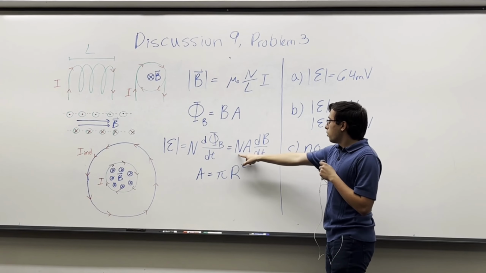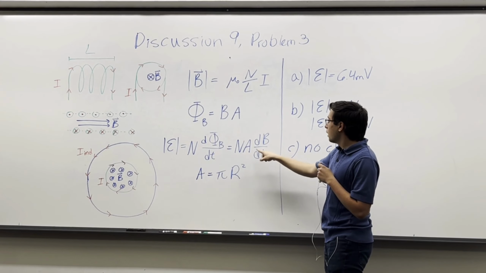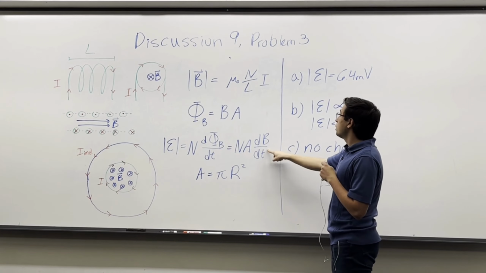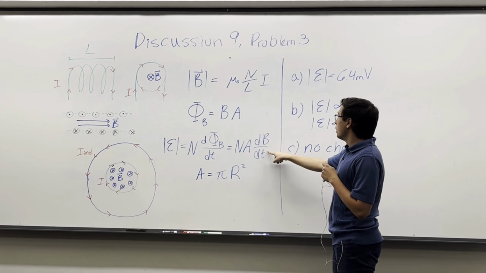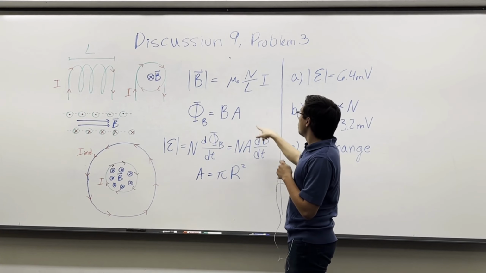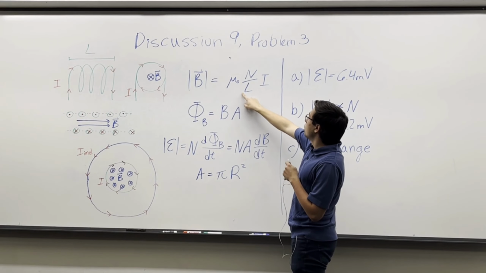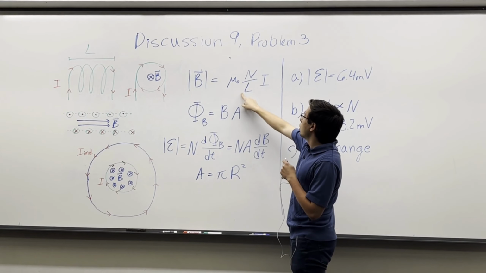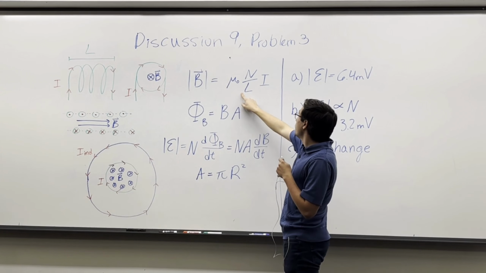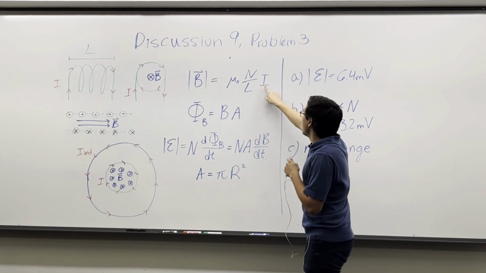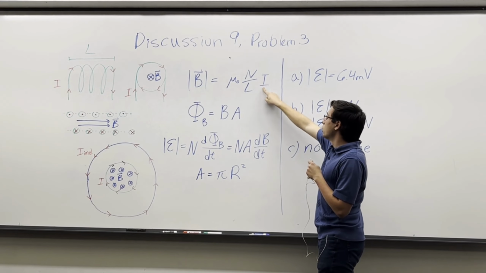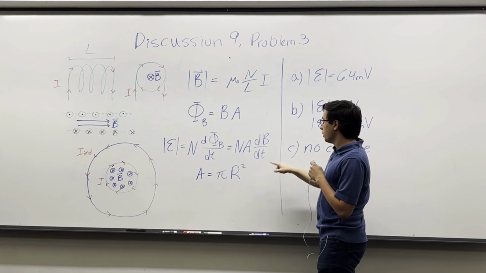And with that, we have our number of coils times our area times the change in time of our B field, which, looking at this expression, mu naught n over L do not change in time. They are constants. And I is where we get our changing magnetic field.